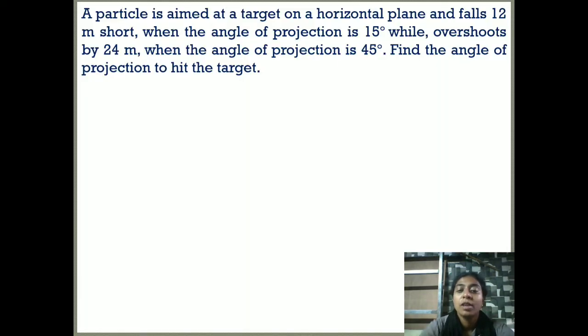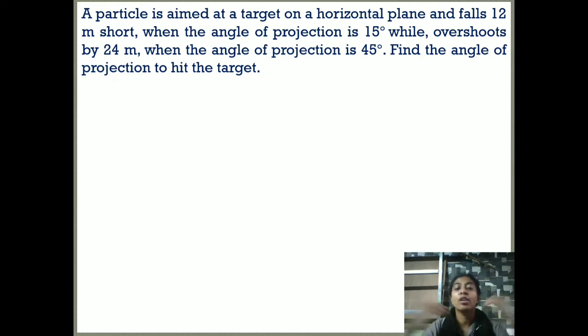So first problem: a particle is aimed at a target on a horizontal plane and falls 12 meters short when the angle of projection is 15 degrees, while it overshoots by 24 meters when the angle of projection is 45 degrees.